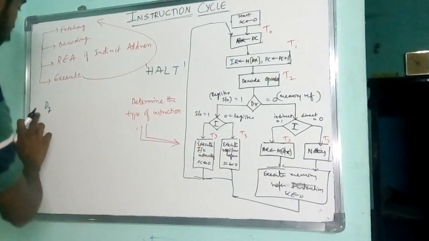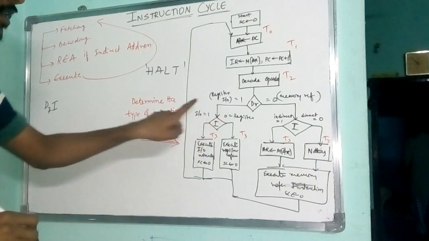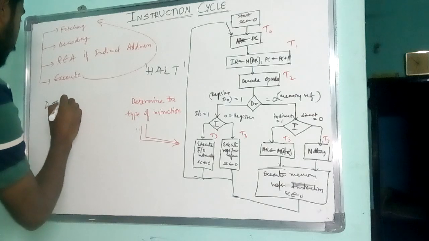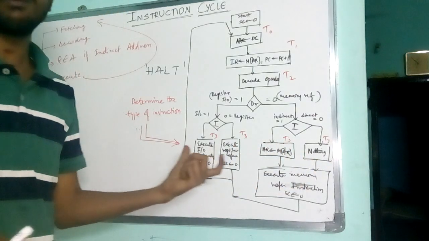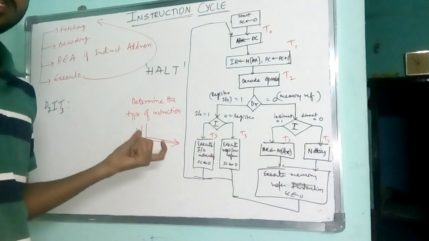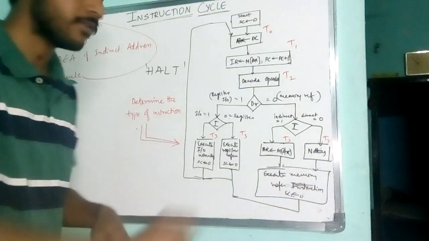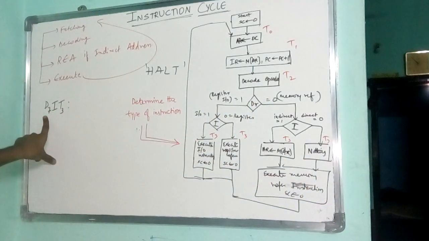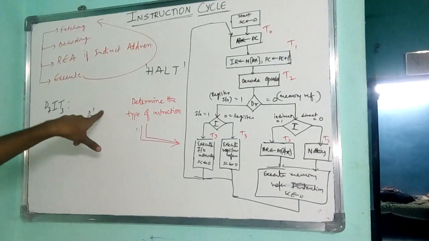Whenever D7 is 1, it is D7 and my I is 1, and the timing is T3. In this period, T3 will be active. Whenever we determine a type of instruction, the timing signal T3 will always be active. So, whenever my D7 is 1, this shows D7, and this is my D7 complement, that means 0.